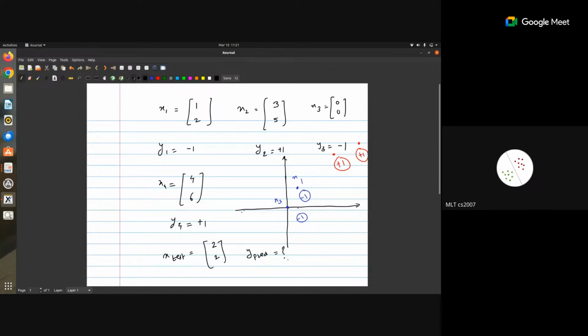What is the prediction for this data point? That is what we want to find out. Based on the value of k, the k nearest neighbor algorithm will try to predict the label for this test point. Where exactly will this point lie? If this was 1, 2, then 2, 2 will be somewhere here.